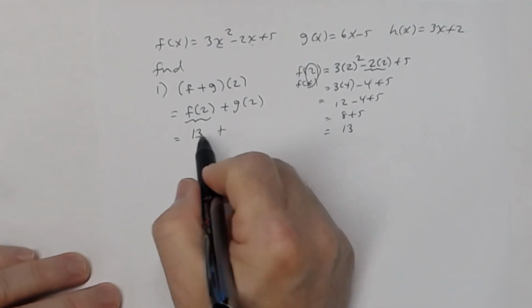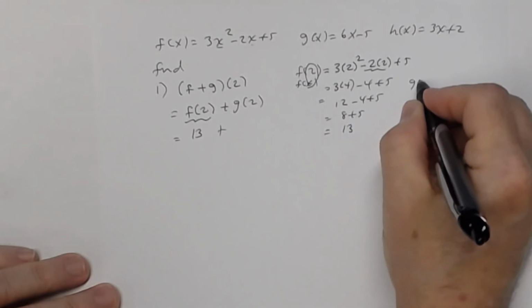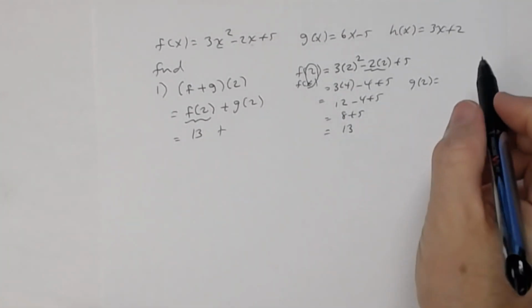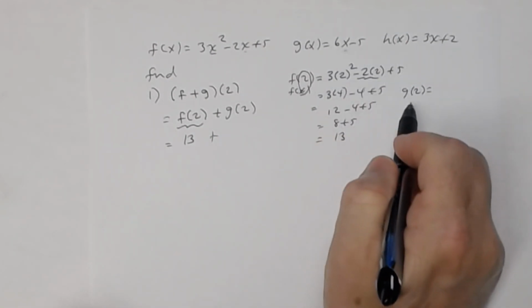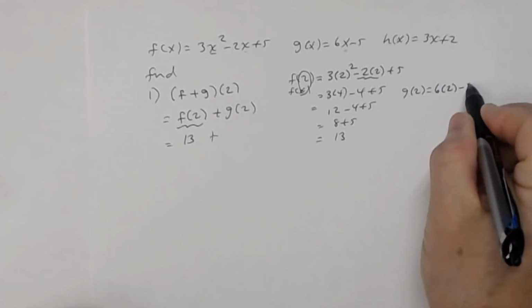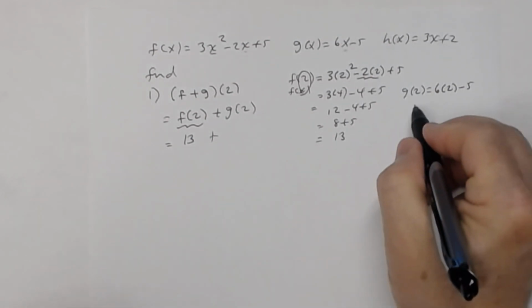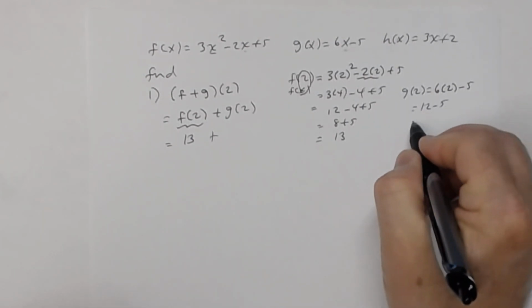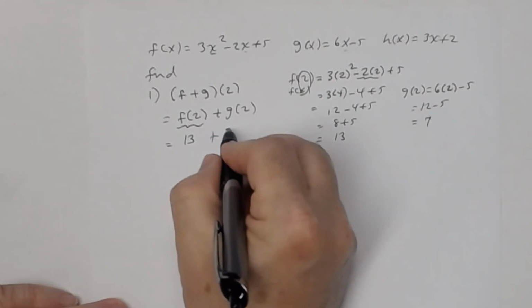Then we're going to add some number to 13, and that's going to be g of 2. So let's figure out what g of 2 is. Same thing. You go to your function g, and where we see that variable x, you substitute 2. So this becomes 6 times 2 minus 5, which is 12 minus 5, which is 7.